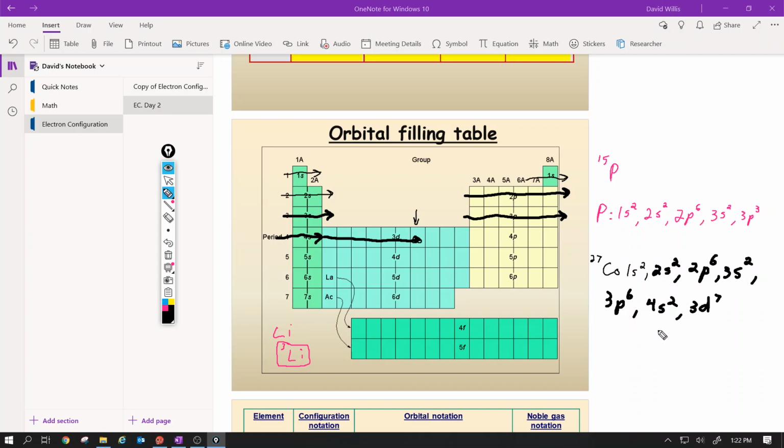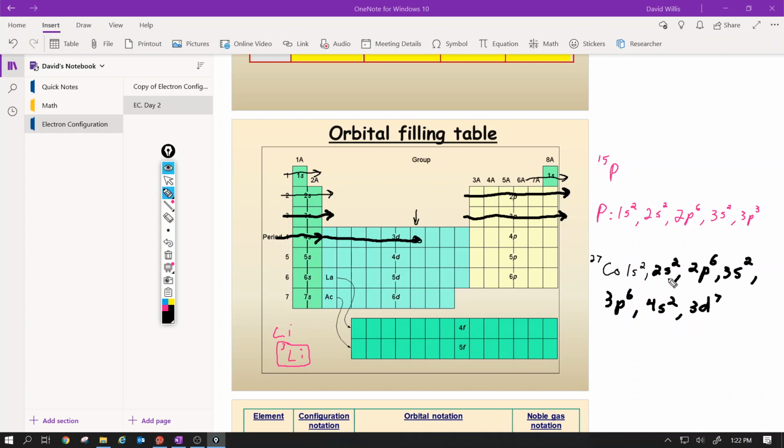Can we do calcium? Well, calcium would just stop at 4s2, so it would be really similar to cobalt. But would the third shell not be complete then? Yeah, that's right. Hannah asked a great question: what if we do calcium?